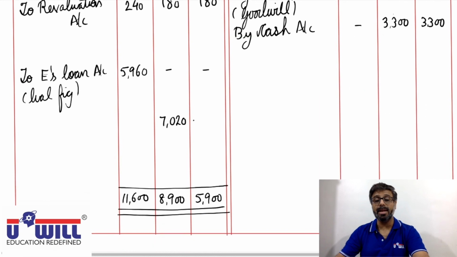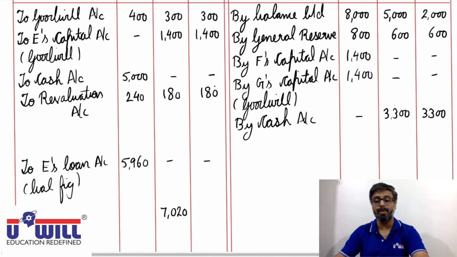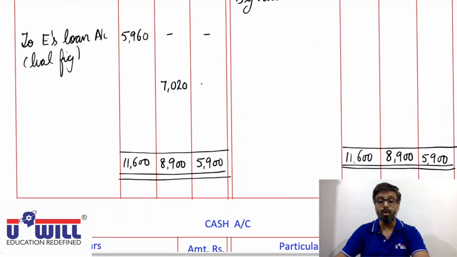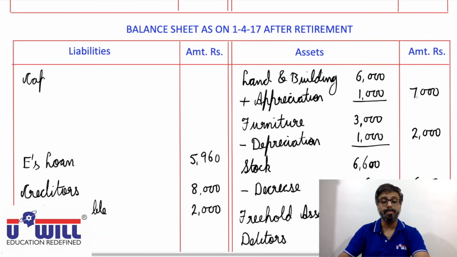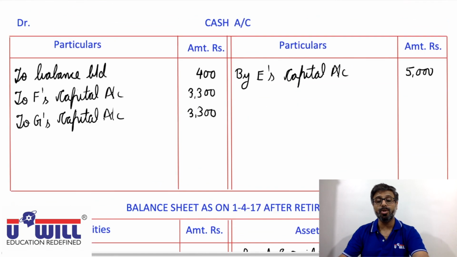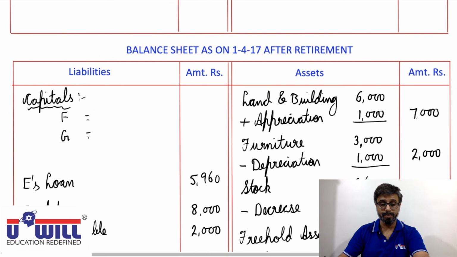Same way 5,900 minus 1,880, again same amount, so 4,020. Two, balance carried down. On the liabilities side we will write capitals F, G: 7,020 and 4,020. So 11,040.